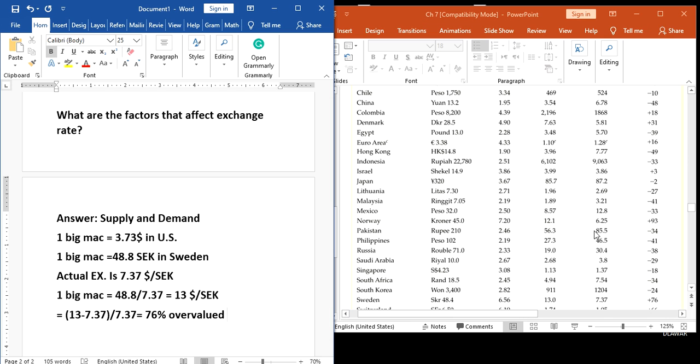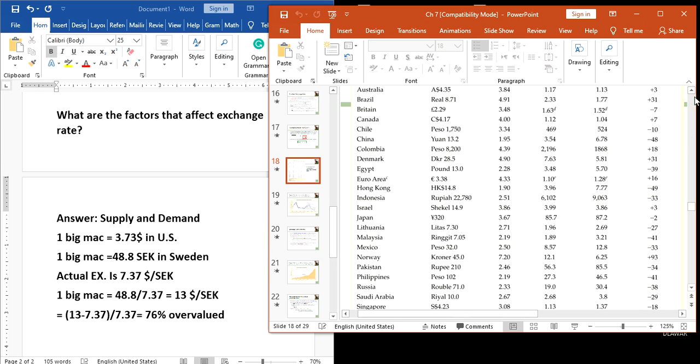So according to this theory, this can come down. But actually this theory holds for many countries over here. Okay, for example, this one, Australian dollars vs US dollar. So it's only 3%. It means it works. Okay. So pound, you see, Canada, Chile.